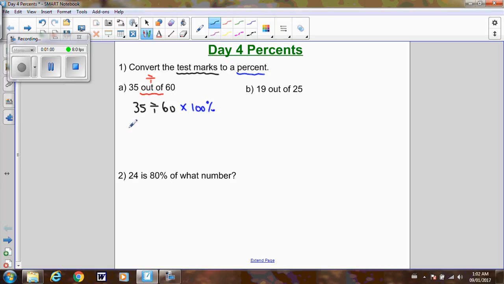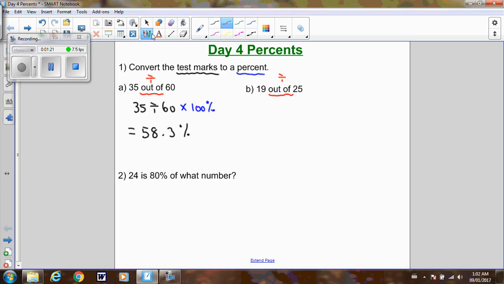So if you do that, 35 divided by 60 multiplied by 100, and type that into your calculator, you're going to get 58.3%. Now you may round to 58%. I don't really mind. Same thing with the next one. Out of means to divide.